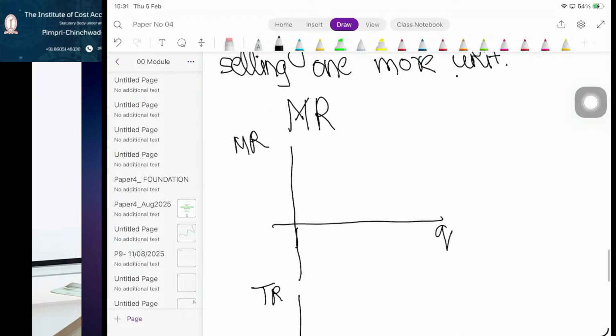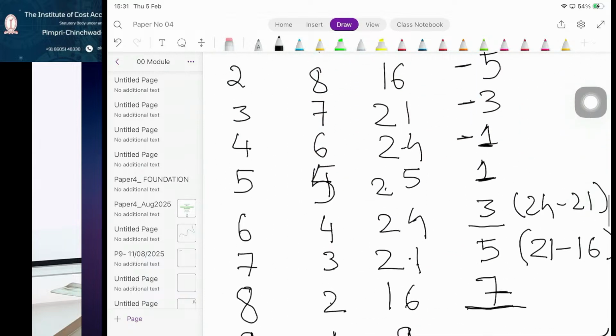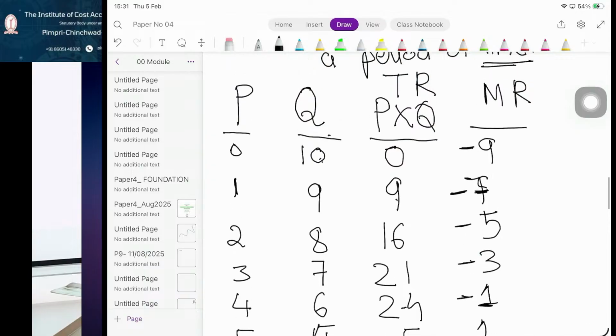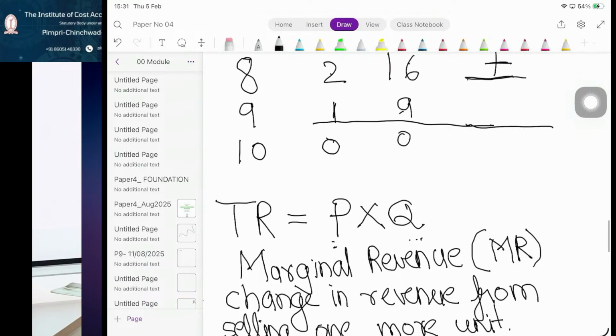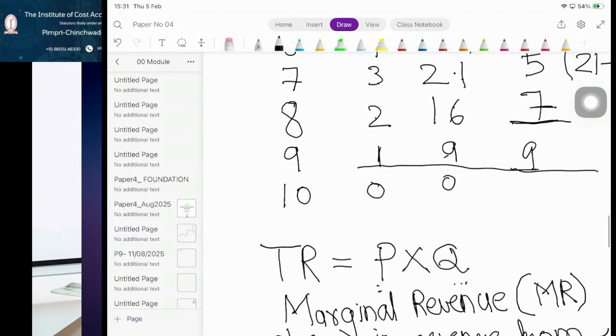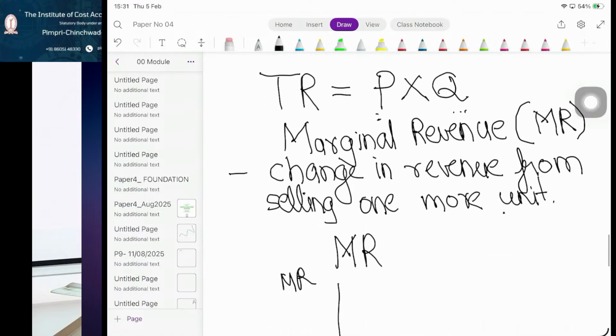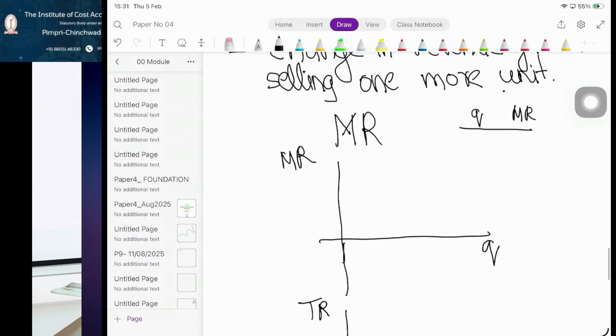If you want, from this table, just copy down the two numbers. Compute this quantity and marginal revenue.